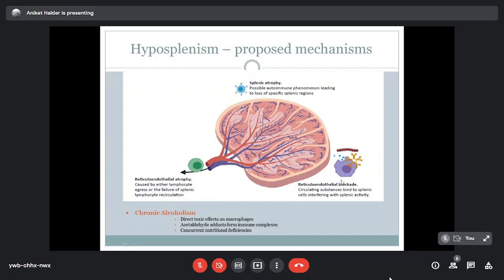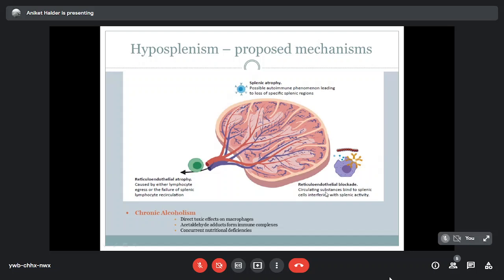So there will be increased activity of the macrophages, and these macrophages will engulf more and more antigen-antibody complexes, causing saturation and depletion of the macrophage pool of the spleen, and so there will be increased risk of infections, and there will be hyposplenism.